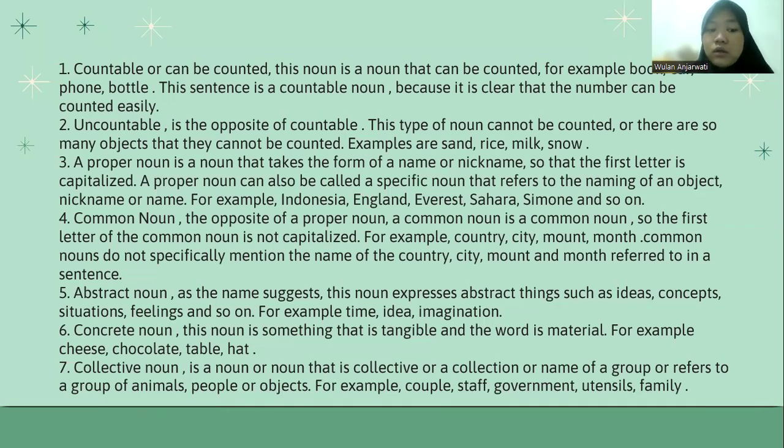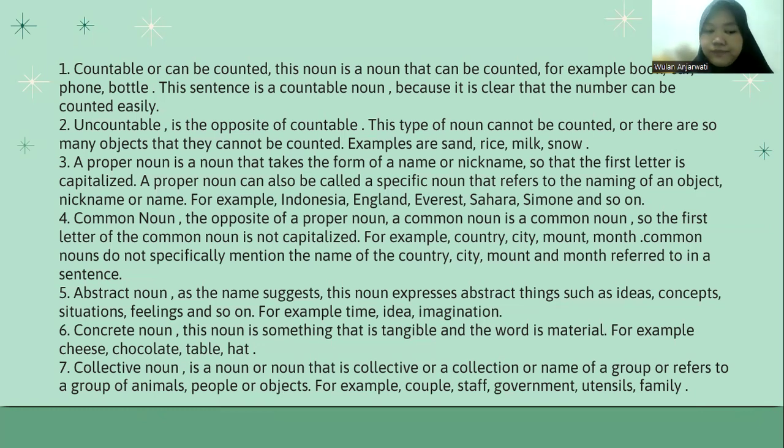And common noun, the opposite of a proper noun. A common noun is a general noun, so the first letter of the common noun is not capitalized. For example, country, city, month. Common nouns do not specifically mention the name of the country, city, or month referred to in a sentence.